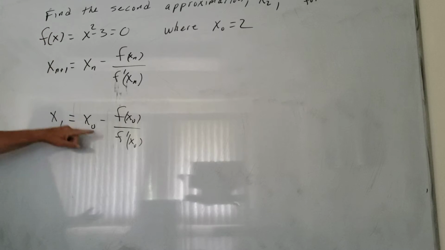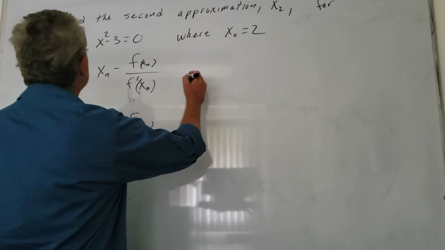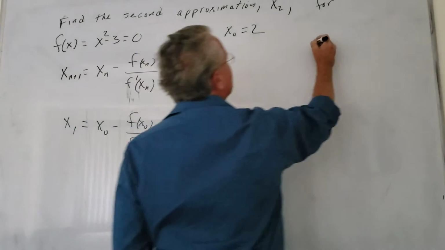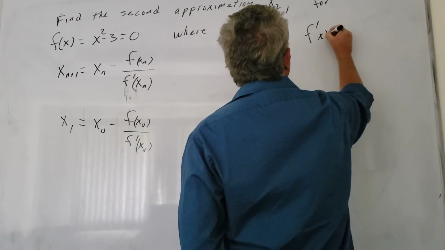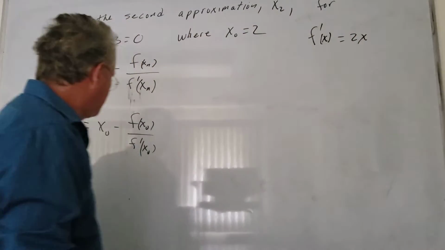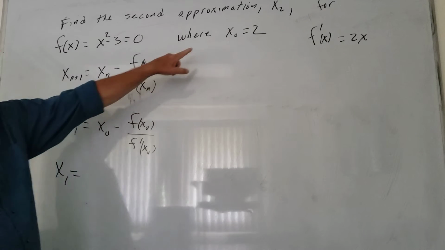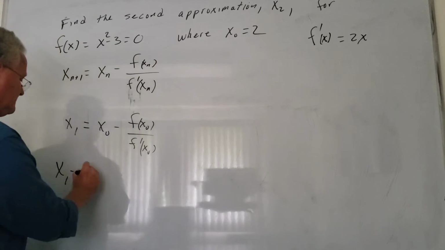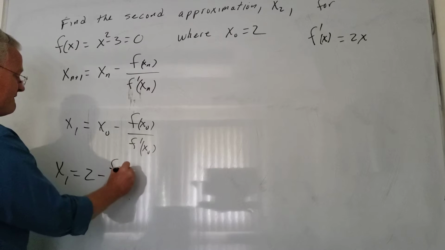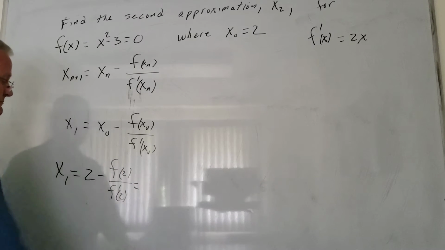Let's calculate the derivative because we need that as part of the formula. The derivative of f is just 2x. So x1 is x0. We're told that x0 is 2, minus f evaluated at 2 divided by the derivative evaluated at 2.